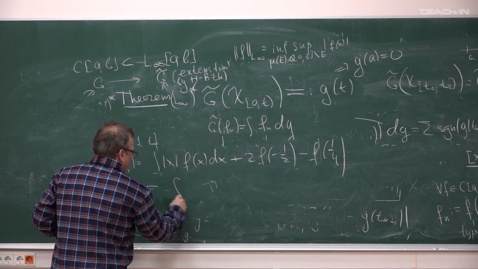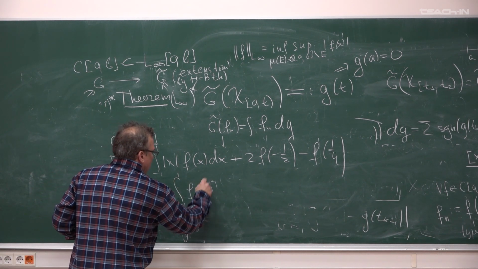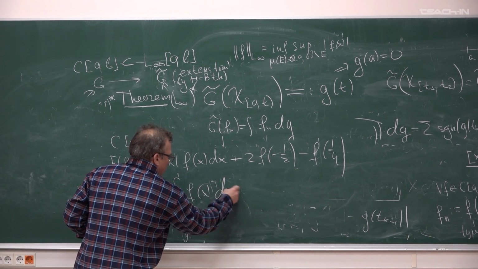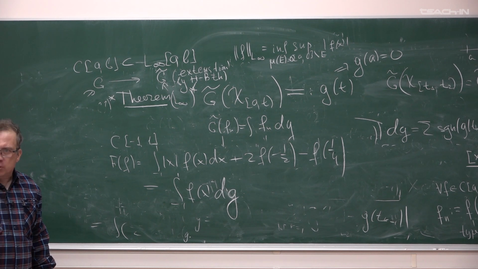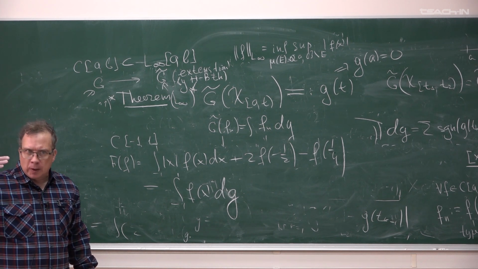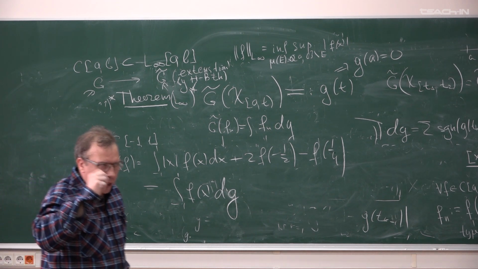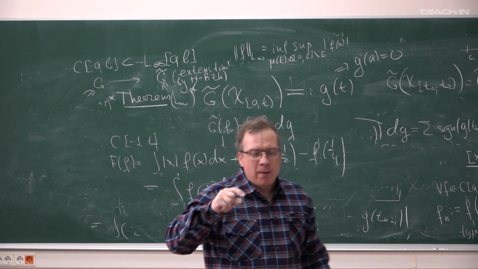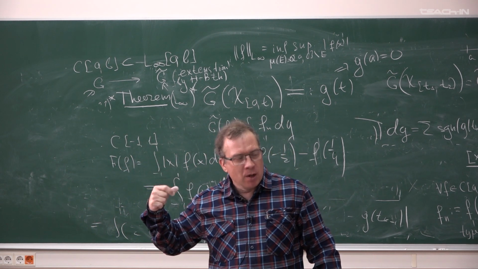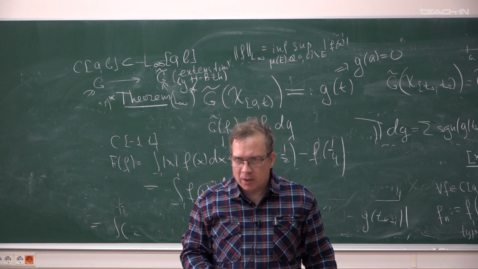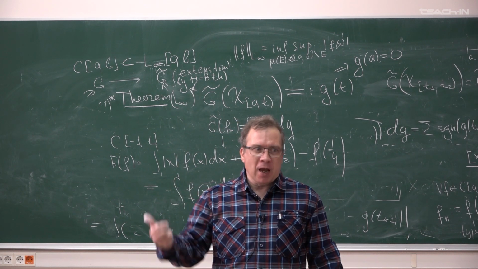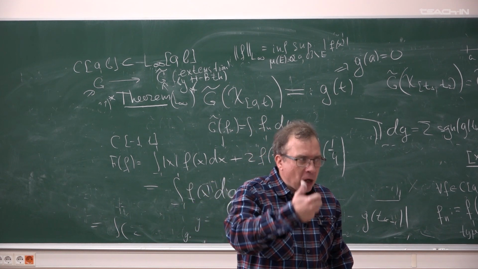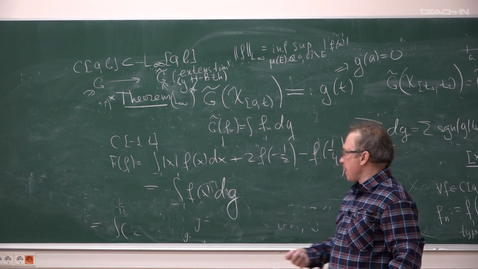Try to write this functional in integral form. If you want to calculate the norm of the functional with the help of this theorem, you must first write the functional in integral type, and then calculate the variation of this function.